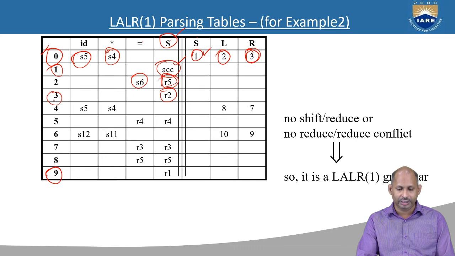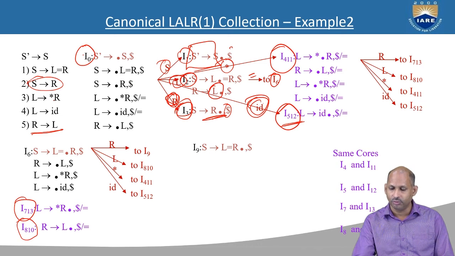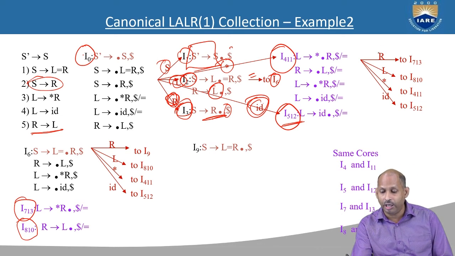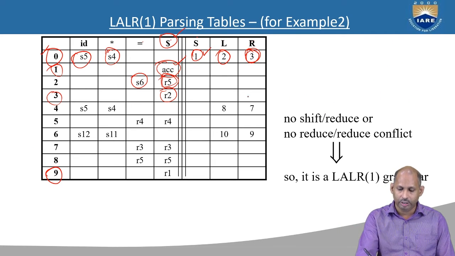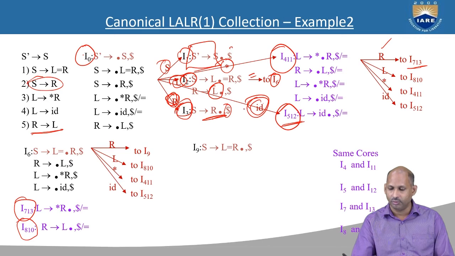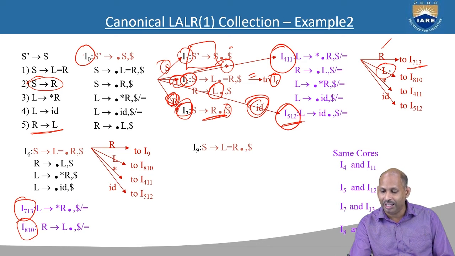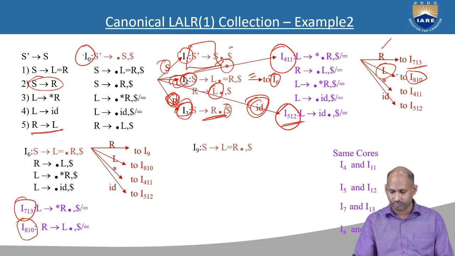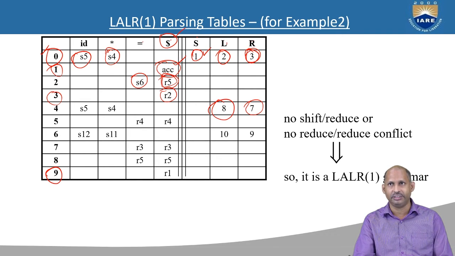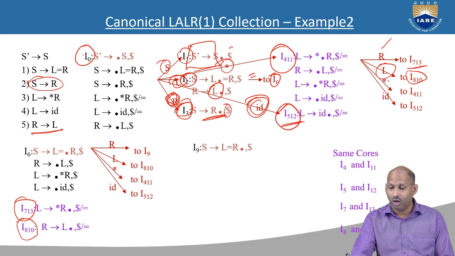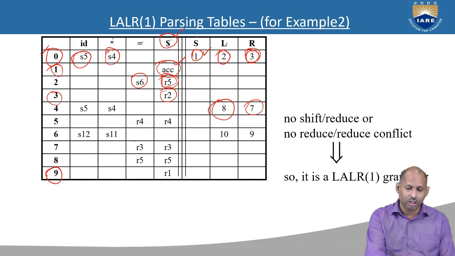Now the fourth state, what is it saying here? Fourth state on R goes to I7. On L it is I8. On multiplication I4, so on multiplication S4.